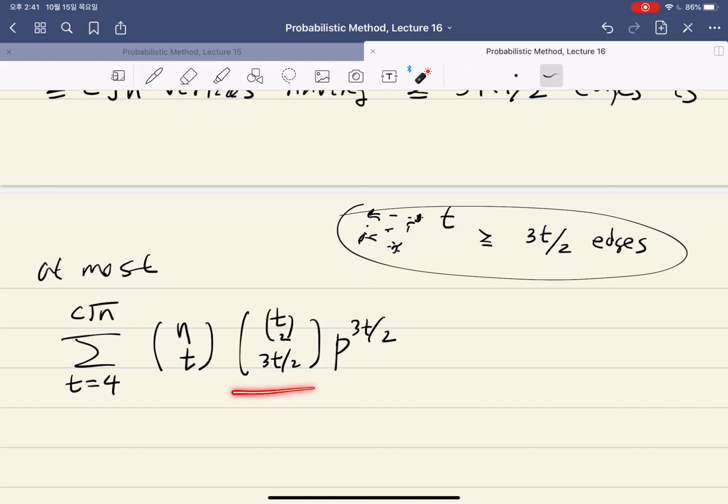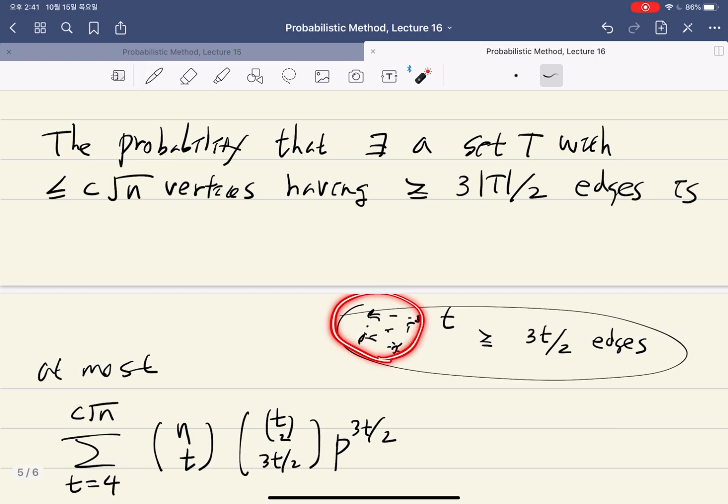So this is an inefficient upper bound, but it is an upper bound of the probability that this specific set T, which is fixed by this many choices, contains at least this many edges.